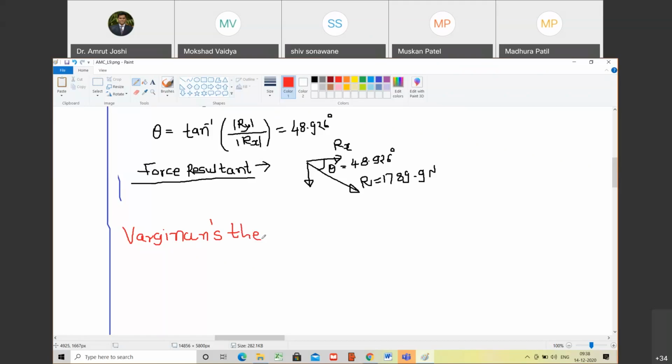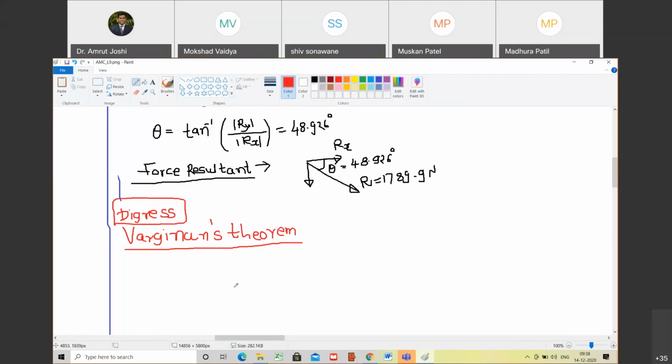Yes, sir. And then we will apply it here. So what does Varignon's theorem say? Mind you, this is a digression. Digression means changing the topic. This is not part of the solution, but to solve this problem we would require this concept. So I am going to take a digression and first discuss Varignon's theorem.